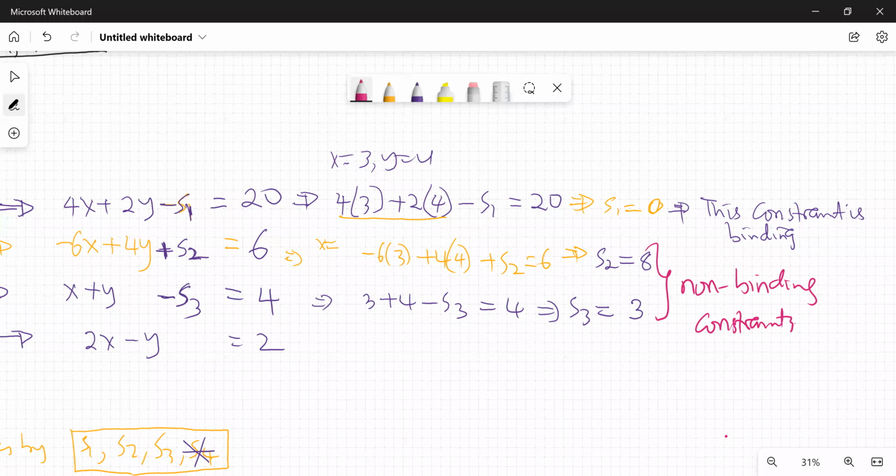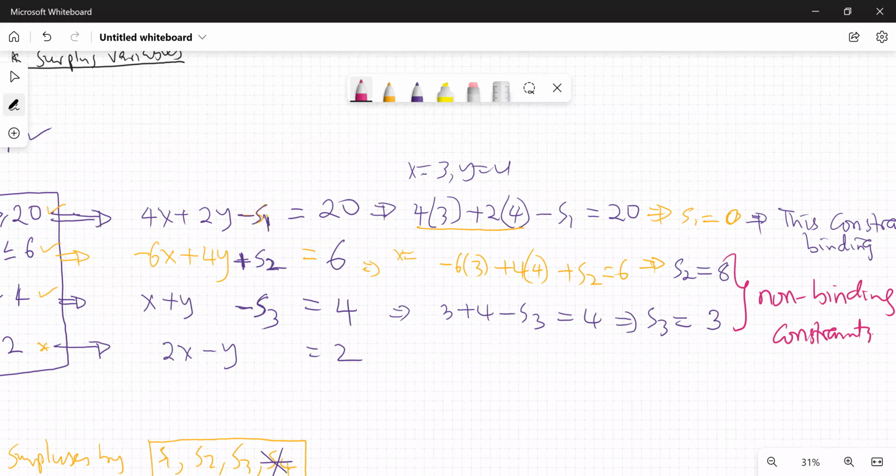Now, the last one, I think we did not finish here. This one did not have a slack. So we can say that it has no slack, that means it has a slack of 0. That means it's also binding in this case.